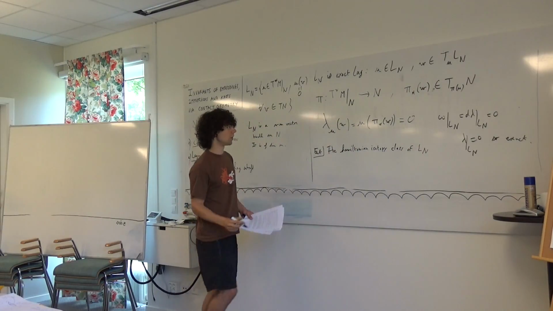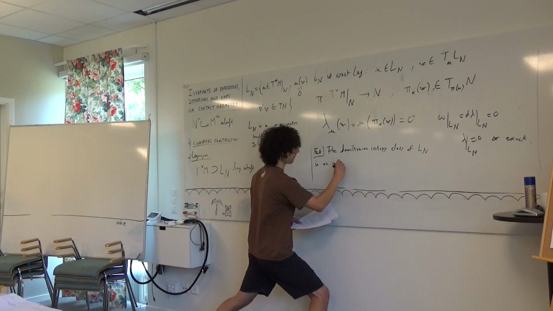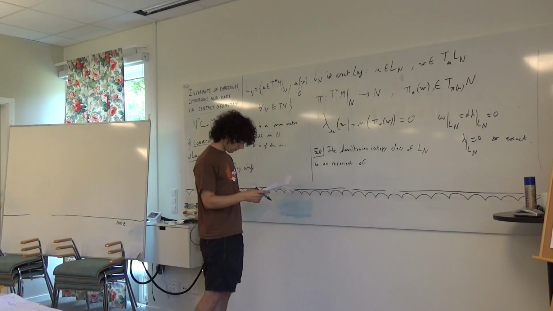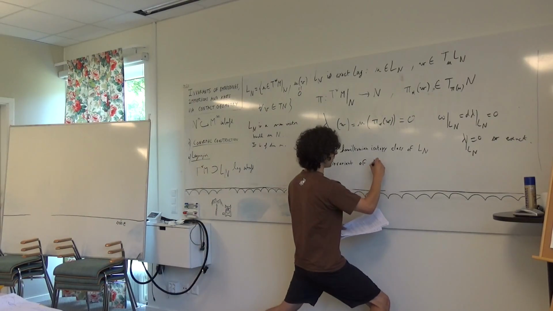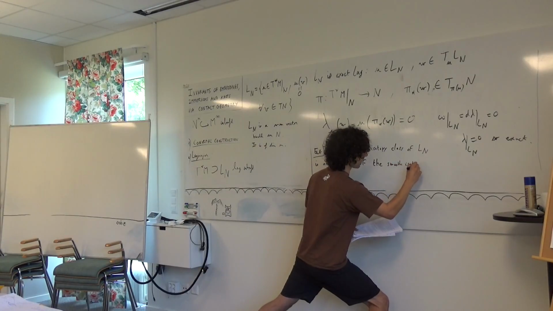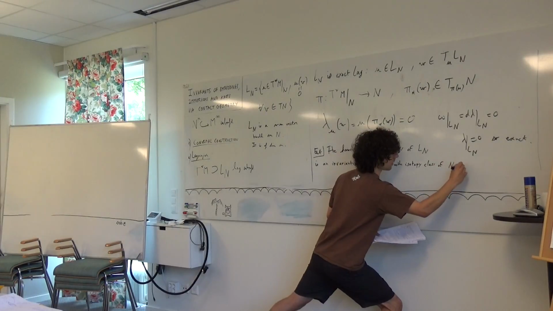The Hamiltonian isotopy class of Ln is an invariant of the smooth isotopy class of n in M.